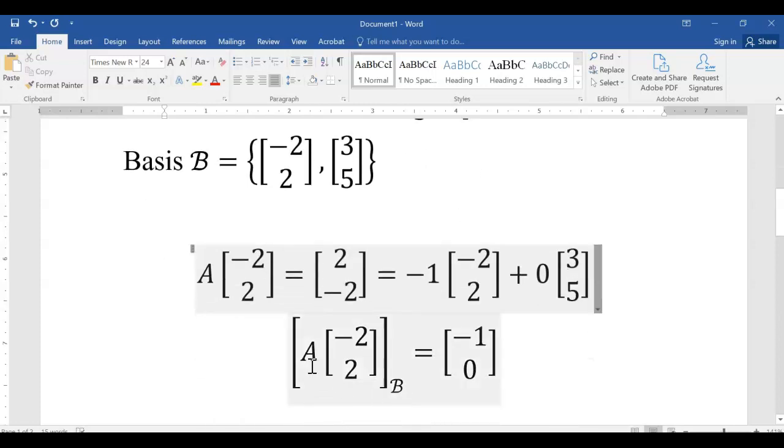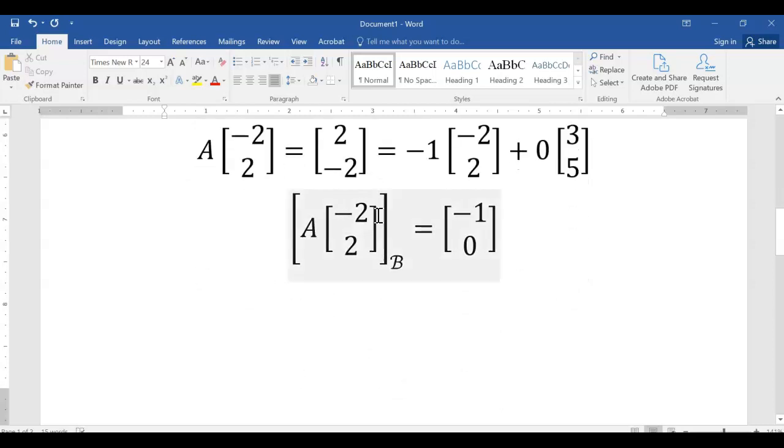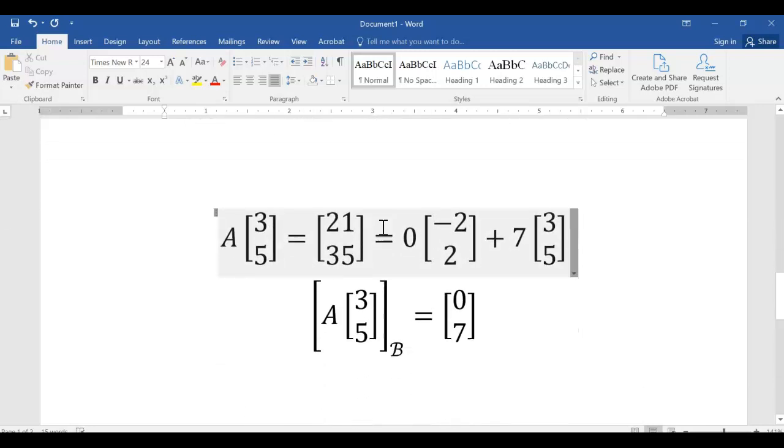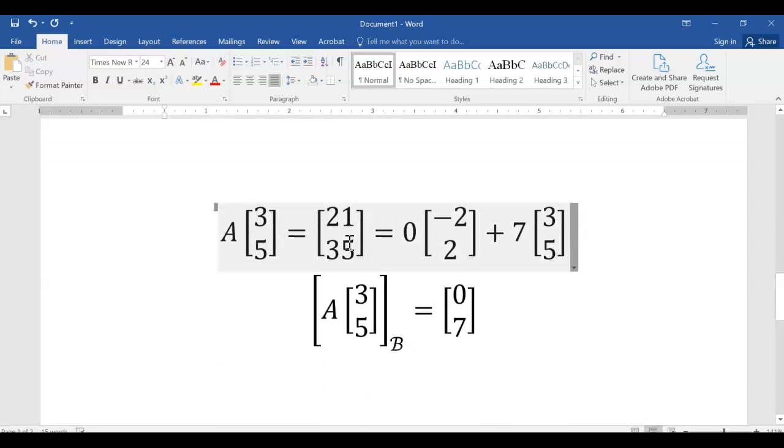So when I multiply my matrix times that eigenvector, we get the eigenvalue of negative 1 in the 1, 1 entry, and then a 0 in the 2, 1 entry. Now, when you do that for 3, 5, you'll notice that 3, 5 is also an eigenvector.